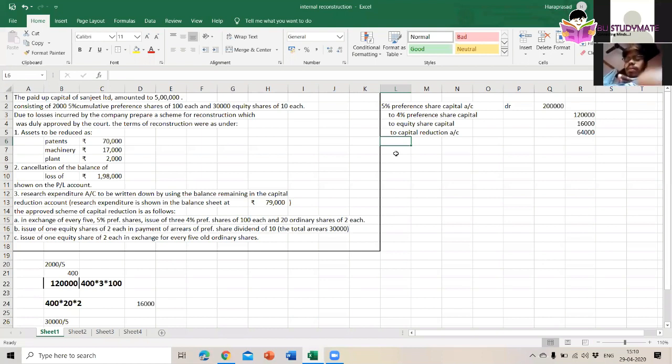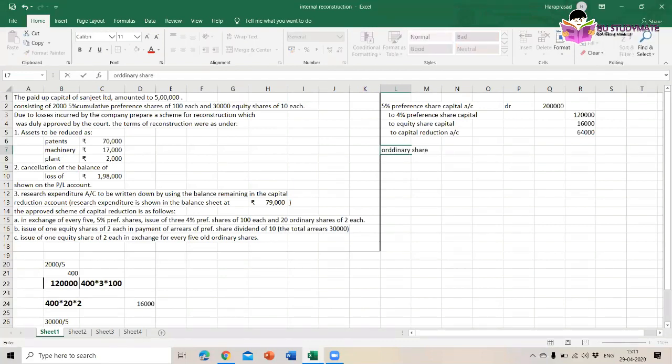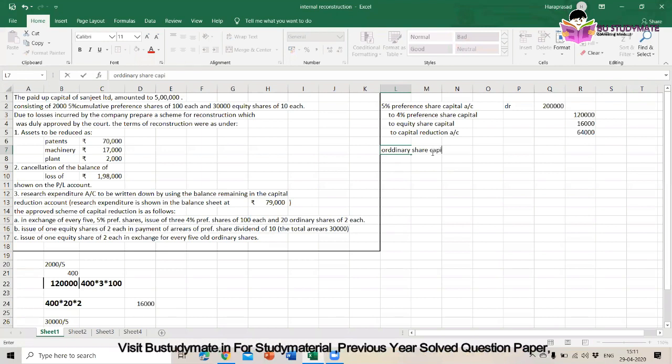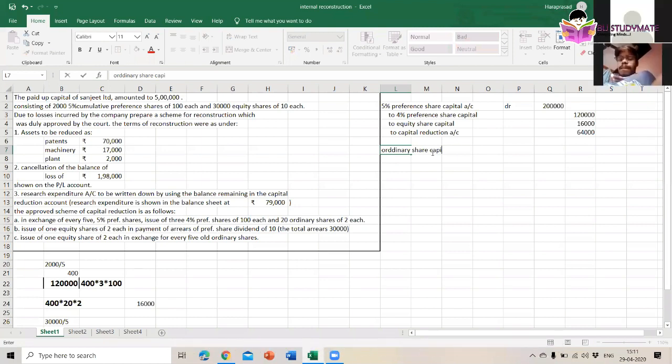Then this C1, issue of one equity share of rupees 2 each in exchange for every 5 old ordinary shares. That journal entry is ordinary share capital account debit, to new ordinary share capital.